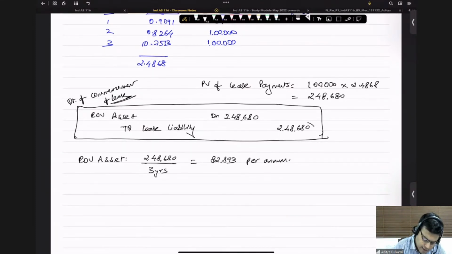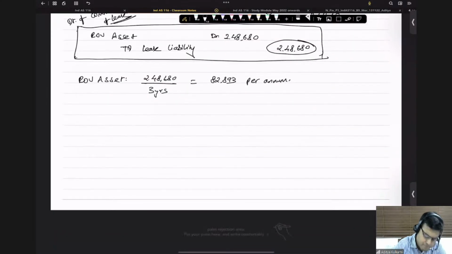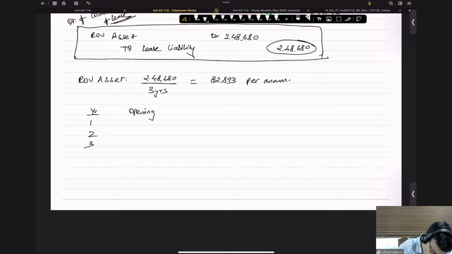Sir, what about the lease liability? Well, you will prepare something similar to an amortization table that you used to prepare for a financial liability. So year 1, 2, 3. Opening liability was 2,48,680.